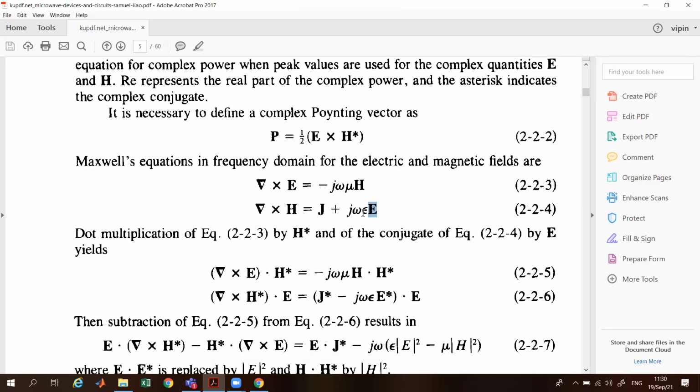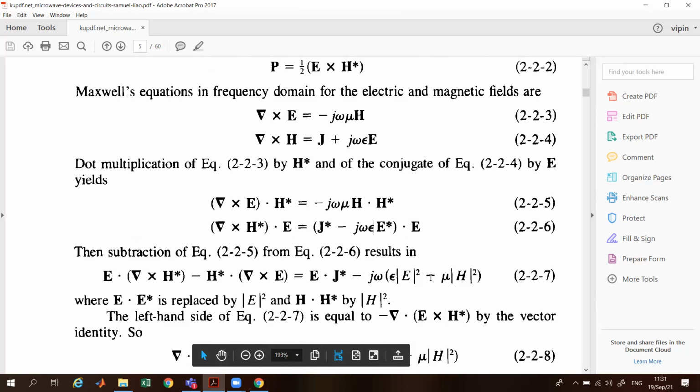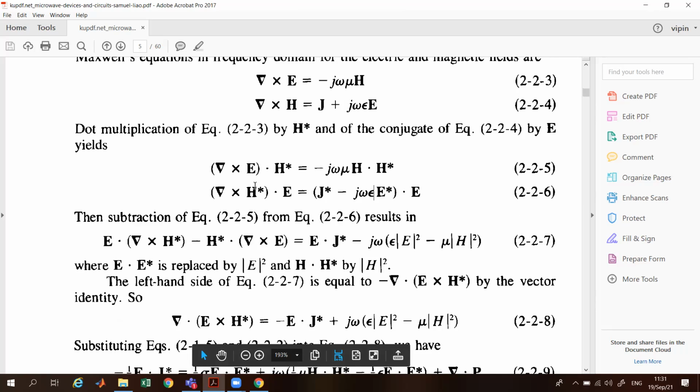Then, since we are using the complex conjugate, there will be a minus sign with respect to this part. So it will be J conjugate minus j omega epsilon E conjugate dot E. Because it's a scalar quantity, we can reverse the order.